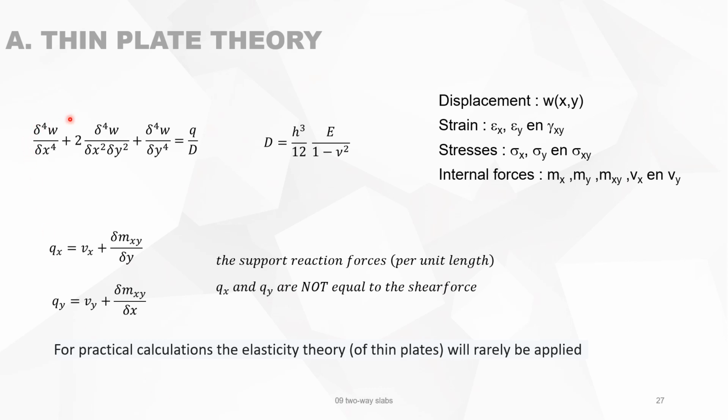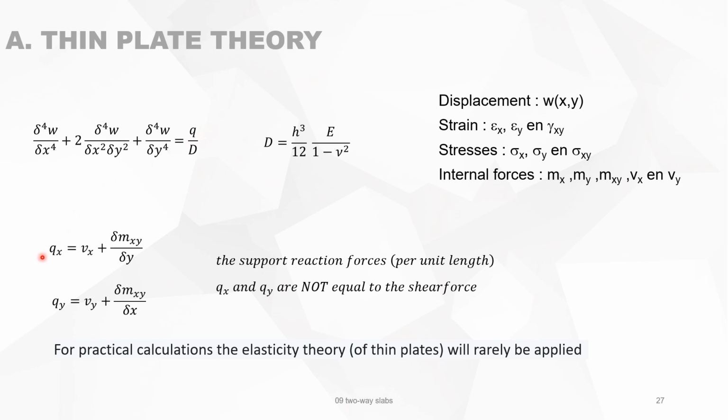We have now a fourth order differential equation, and when we solve this equation, it will give us the displacement for the coordinates x and y. From those displacements, we can calculate the strains, the stresses, and the internal forces. Closed mathematical solutions exist for this equation, but only for elliptical shaped slabs.